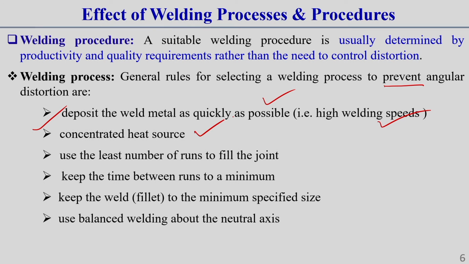Now, in welding, we should use the least number of runs to fill the joint, because we are joining a thick plate. In a thick plate, to do the welding we generally require different passes of welding. This is called multipass welding.